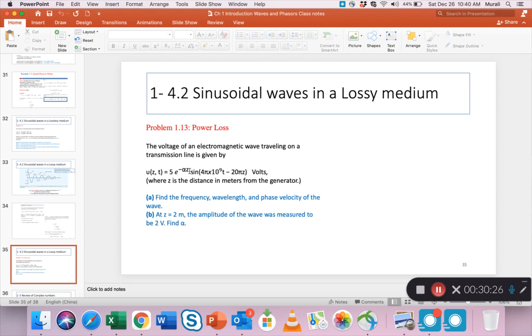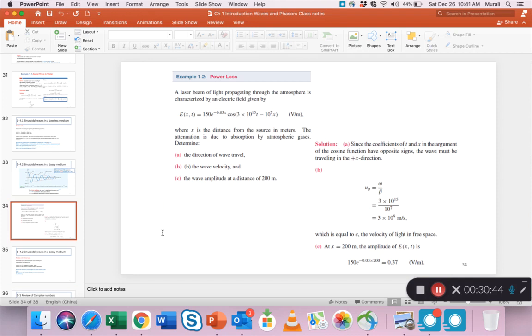So instead of using X, he's using Z here. Again, find the frequency, wavelength and velocity of the wave. Then at a certain distance, 2 meters, the amplitude was known to be 2 volts. So find alpha. It's exactly the same.